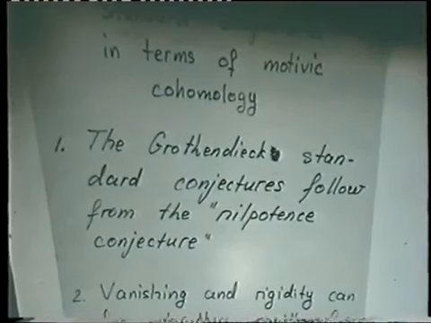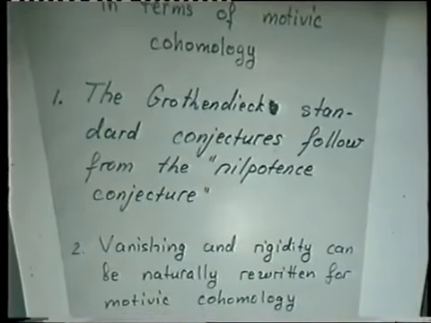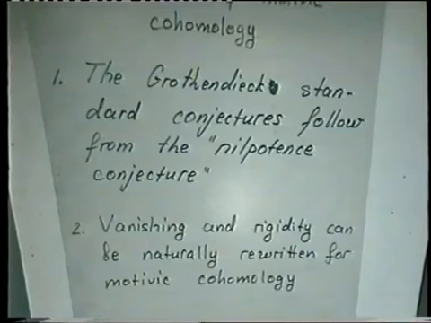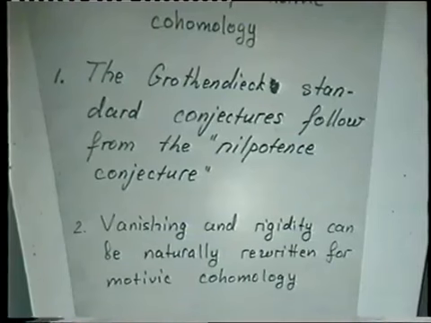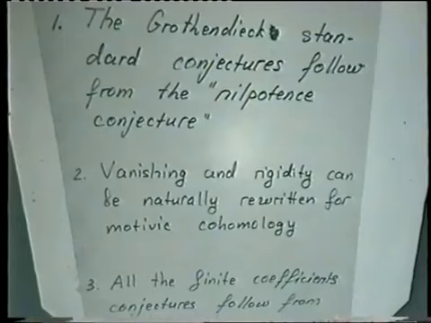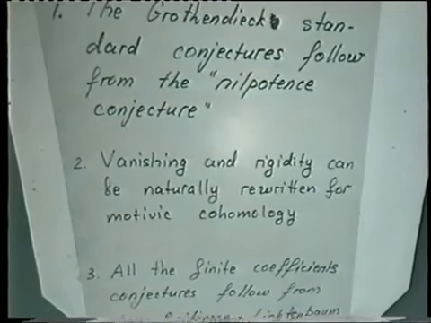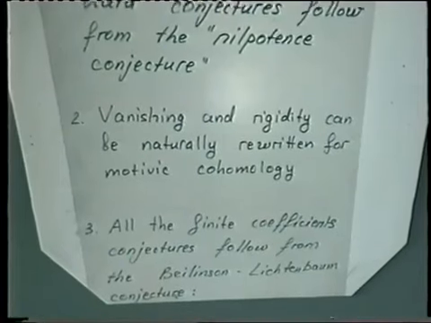There is a conjecture called the nilpotence conjecture, which I have written somewhere, and if someone is interested, I can show it, which is formulated basically directly in terms of the Chow groups, and it's a statement that the Nth power of something is 0, which implies the standard conjectures, hard Lefschetz, and this kind of stuff.